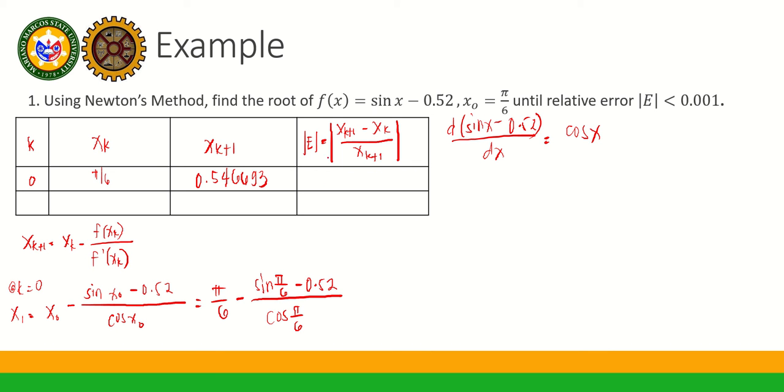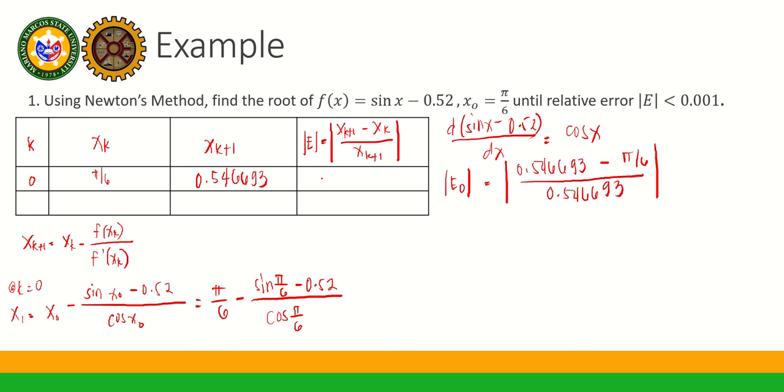Now, we compute the relative error kung mag-stop na ba tayo dyan. So, our relative error will be, okay, so lagay natin e sub 0, kasi k natin is equal to 0. This is equal to x sub k plus 1, that is 0.546693 minus x sub k natin is pi over 6 all over x sub k plus 1, 0.546693.